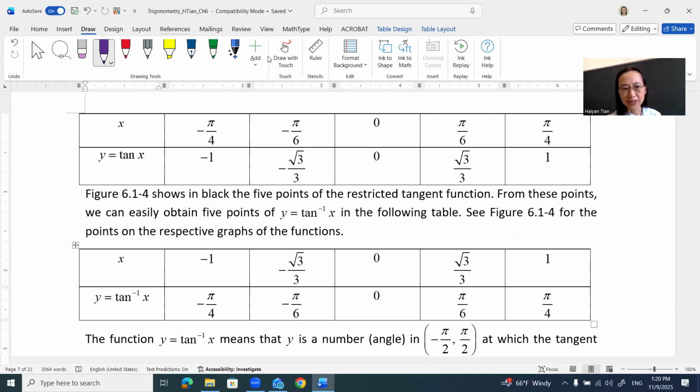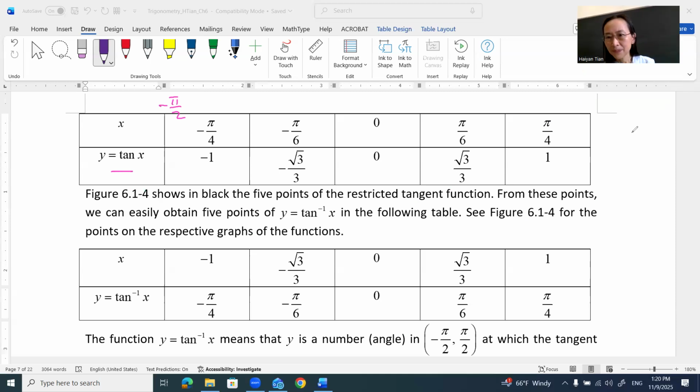Now we want to sketch tangent inverse using some sample points. So first, consider the tangent function from negative, but not including negative half of pi, to positive half of pi. Recall that at negative or positive half of pi tangent is undefined; we saw vertical asymptotes.